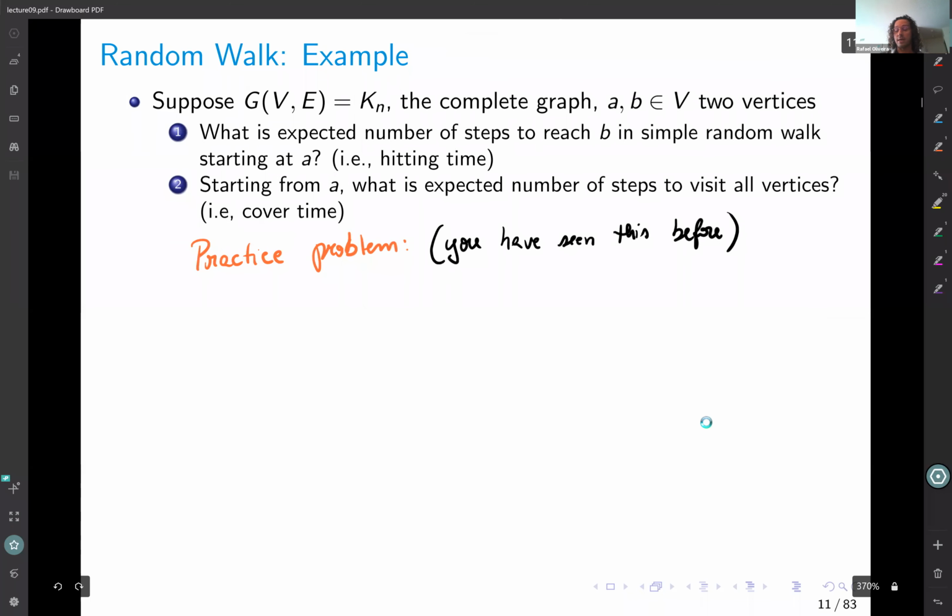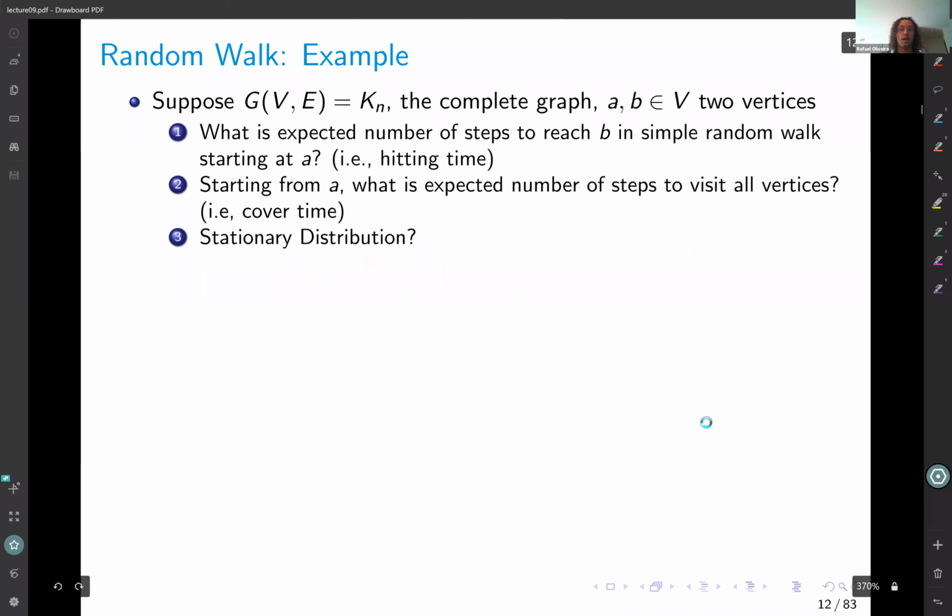Actually, can anyone have a guess? Not the birthday problem, but the thing with the cereal boxes. Correct, that's the coupon collector. So we saw the coupon collector problem.